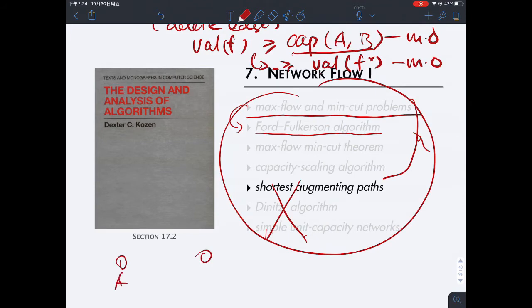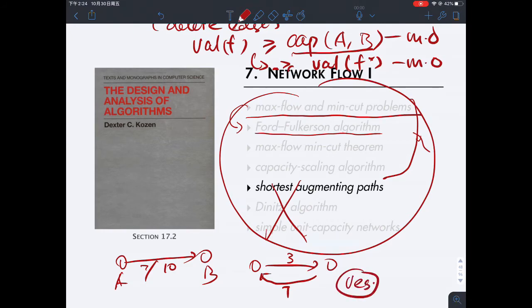So the idea is that if there's an A and B with capacity 10, and I already used 7 units, using the original greedy algorithm we may just put 3 units of flow here, but in fact we do need to allow ourselves to regret, to undo the 7 units of flow in the residual graph, right? So after we introduce the notion of the residual graph, we are able to come up with a correct algorithm for finding the maximum flow.